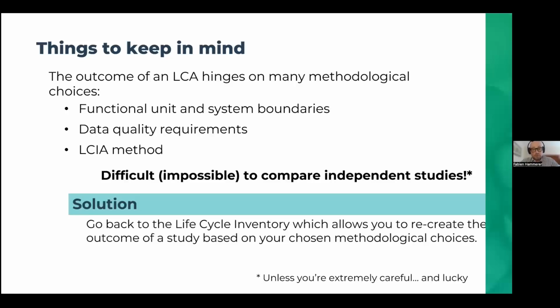Going back to the life cycle inventory allows you to recreate the outcome of a study based on your own chosen methodological choices. So what it does is that it will adapt that inventory to your own choices, to your own goal and objectives.